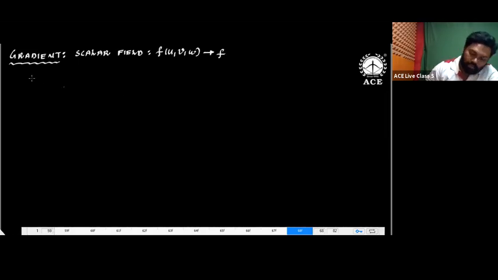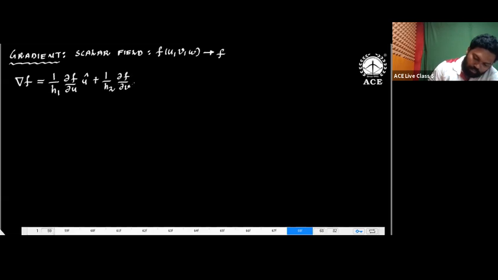The standard form for this one is: gradient of f is equal to 1 by h1 into dou f by dou u, u cap, plus 1 by h2 into dou f by dou v, v cap, plus 1 by h3 into dou f by dou w, w cap.